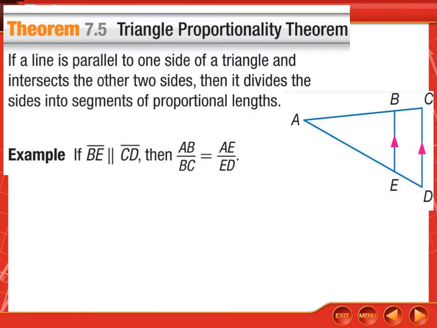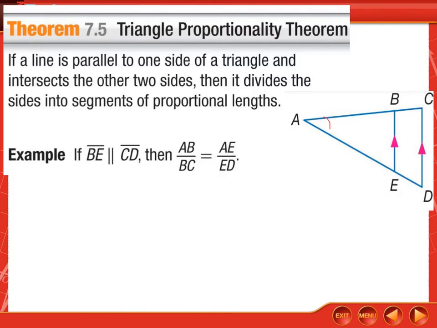Okay, first theorem we're going to look at. If a line is parallel to one side of a triangle and intersects the other two sides, then it actually divides those sides into proportional lengths. Now, we've already looked at this. We've already seen that angle A is congruent to itself by reflexive property.